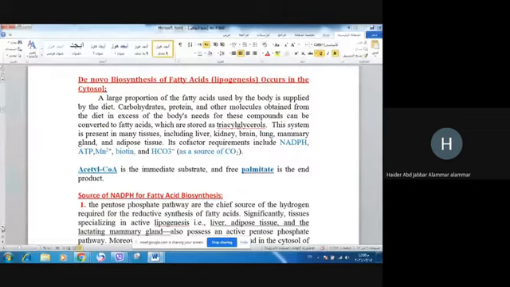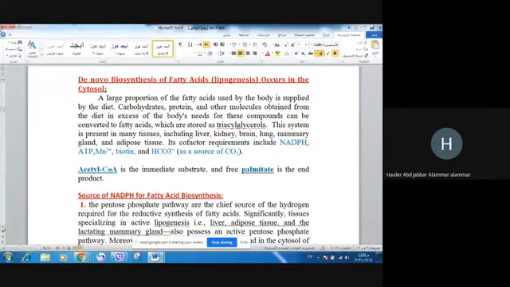What I want you to know: acetyl coenzyme A is the starting molecule, called the immediate substrate, while palmitate is the end product, the newly made fatty acid.